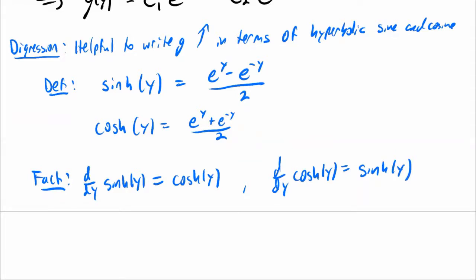Right, and this is just going to follow from the chain rule and the fact that if you differentiate e to the y, it doesn't change. If you differentiate e to the minus y, it will just change the sign out here, right? And so when you take derivatives, you flip back and forth between these two.